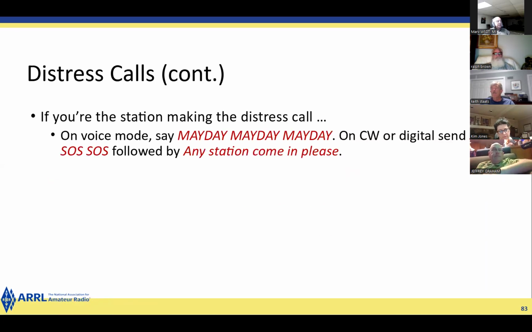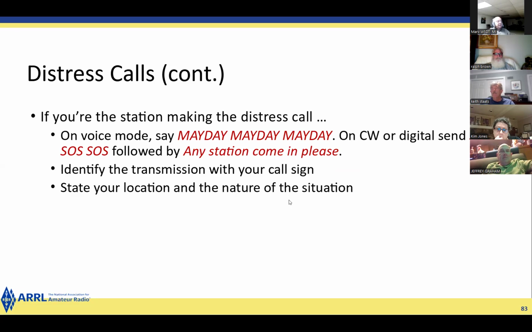And if you're the station making the distress call on voice mode, you say Mayday, Mayday. On digital, you say SOS, SOS. And then you identify the transmission with your call sign.